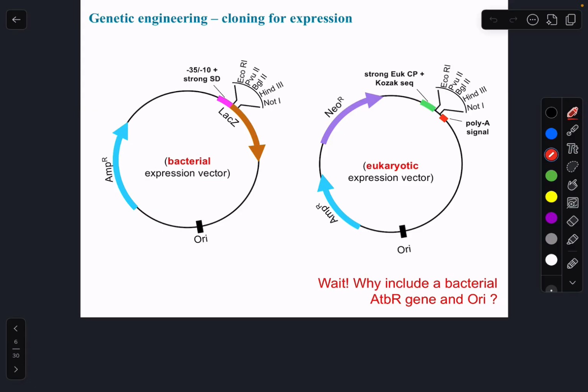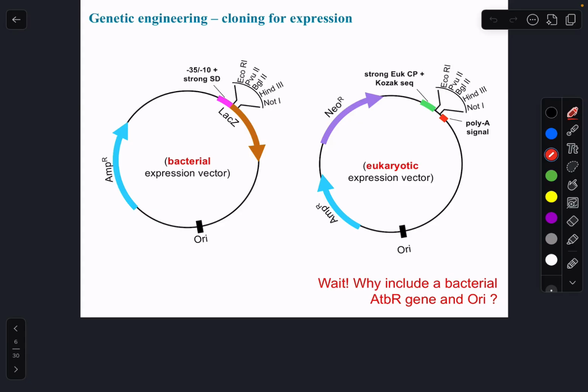So even though your final destination may be a eukaryotic cell, all of those early steps we do in bacteria. It's much easier. Faster, cleaner, cheaper, everything, right? So that is why you'll see that in eukaryotic expression vectors, there is still some bacterial stuff like ampicillin resistance and bacterial ORI sequences.